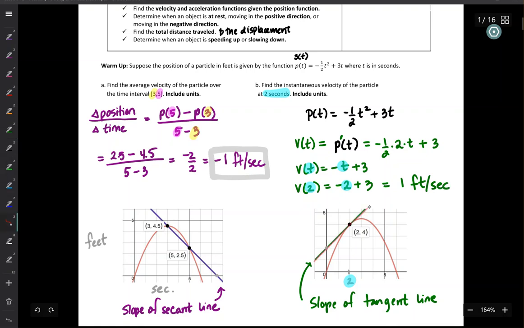Don't get thrown off on the units. This is the slope. My position function, they told me, is a function of time in seconds, and we're measuring the height of this particle, the position of this particle in terms of feet. If you want to write seconds and feet here, you're welcome to do so. And done.